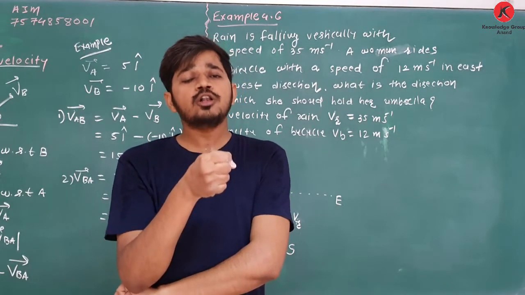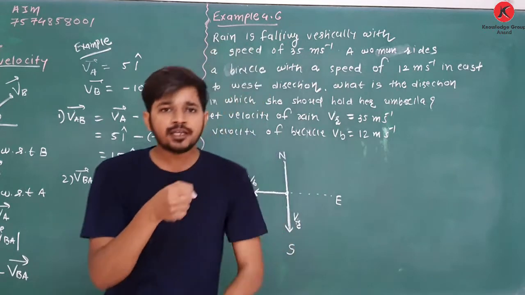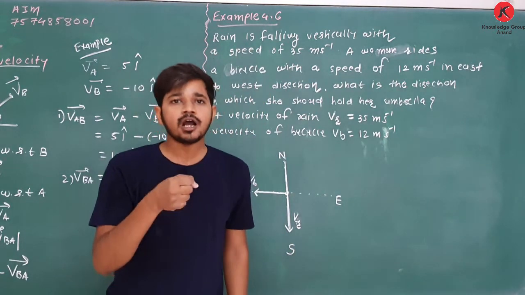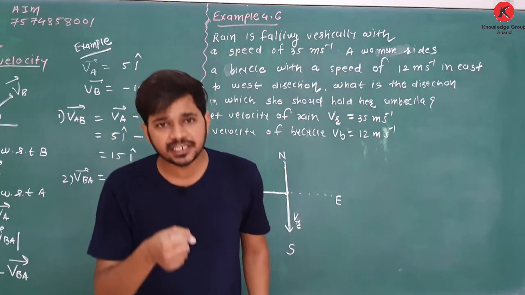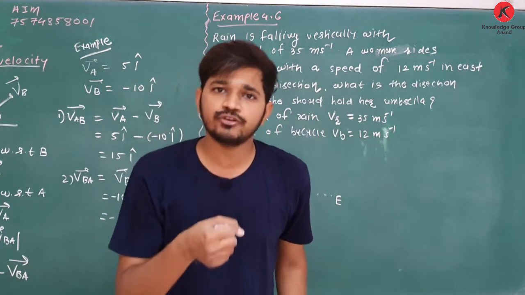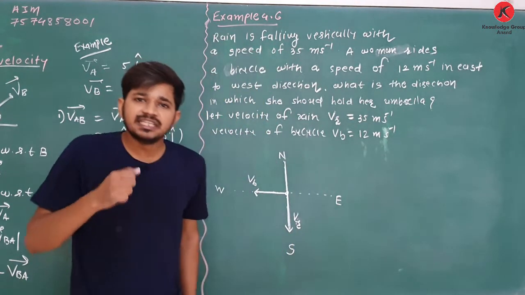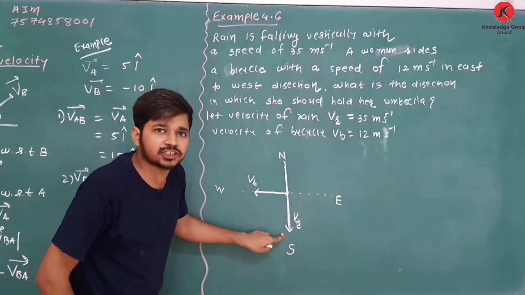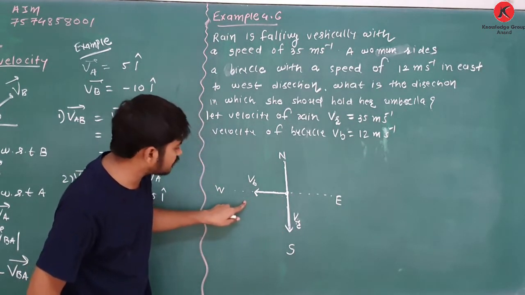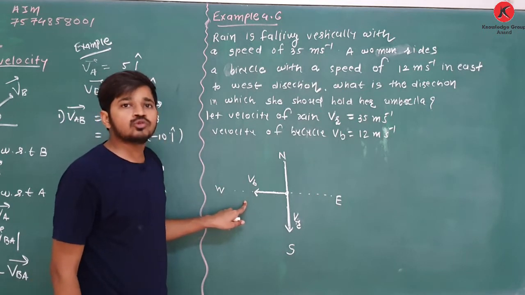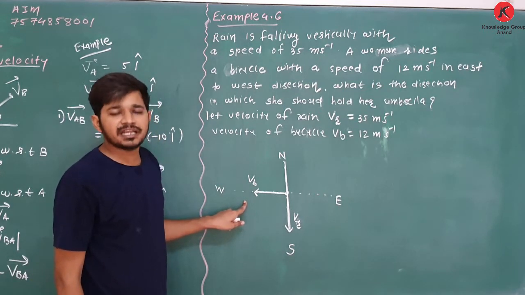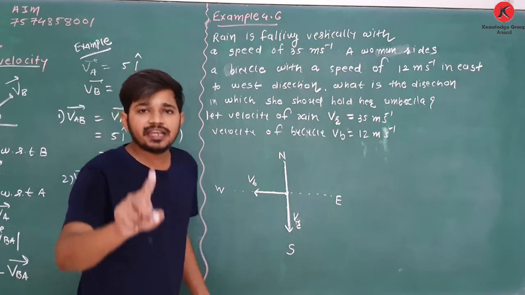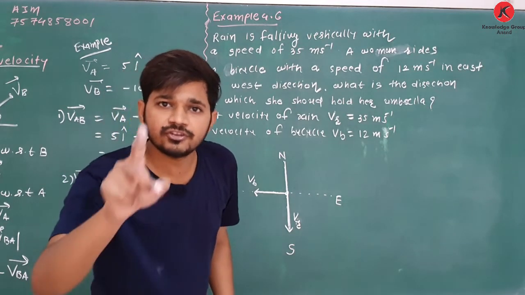But if you are also in motion, then you have to hold the umbrella in the direction of the resultant velocity. The bicycle is moving in the western direction, so you have to put the umbrella in the direction of the relative velocity of rain with respect to the bicycle.